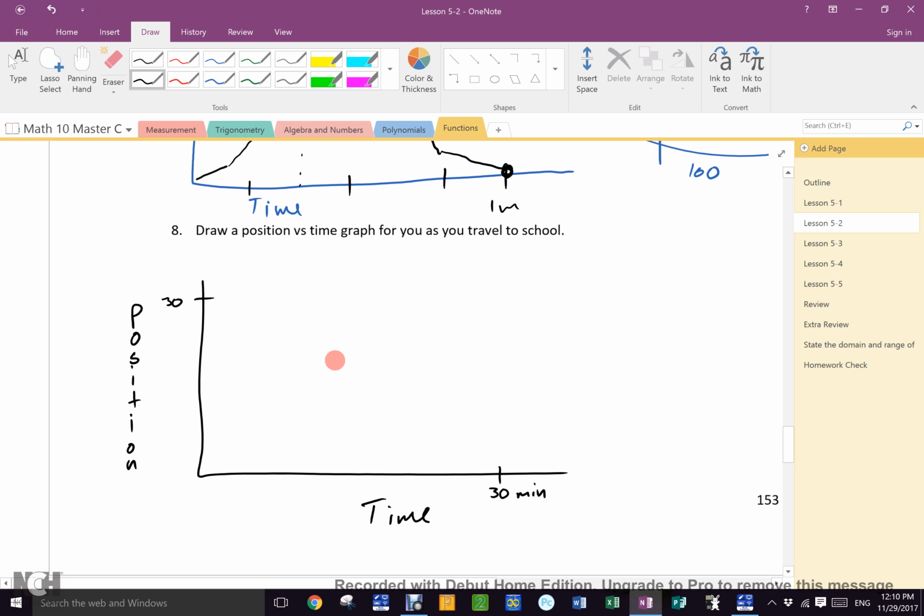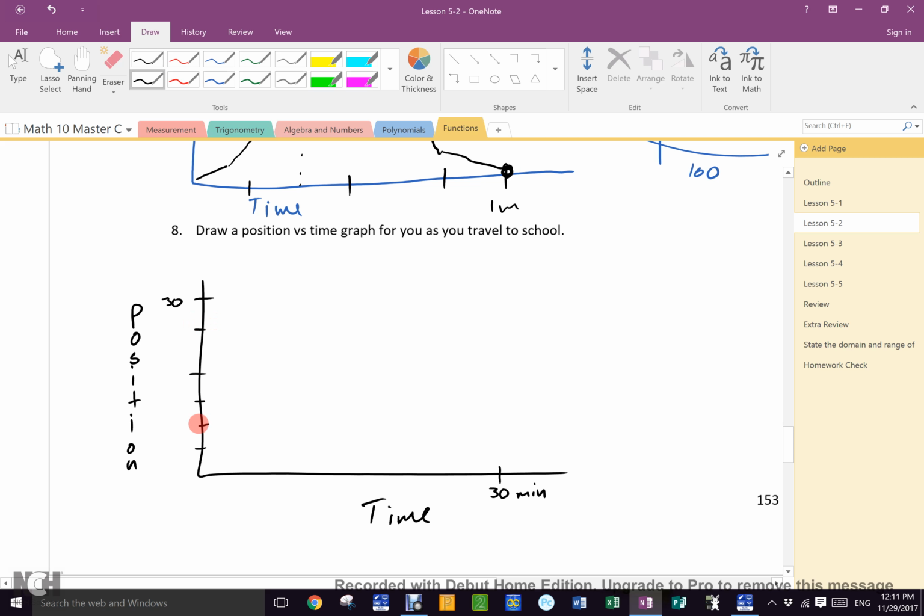All right, so we understand that it's 30 and 30, yes? At the beginning, for the first 8 minutes of my drive, I only go about 5 kilometers because I've got stoplights and all that's in the way, right? So if I go up by 5s, 5, 10, 15, 20.